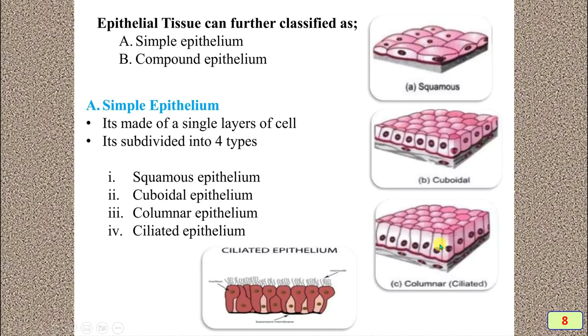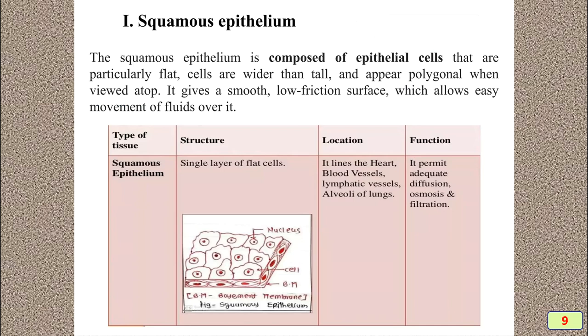For example, in the intestine, the columnar cells are there, which allow food to be absorbed as part of the nutrient requirement of the body. Whereas the squamous epithelium is composed of particularly flat cells, which are wide and appear polygonal in structure.